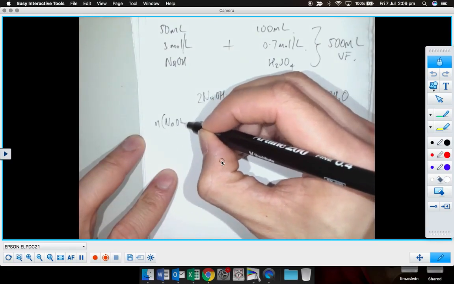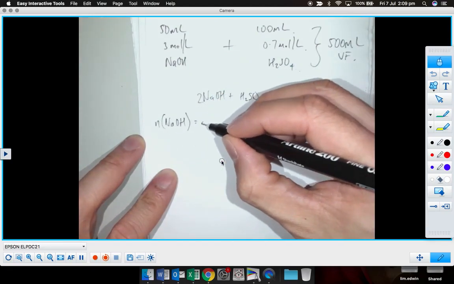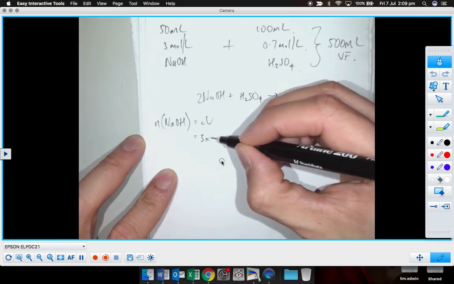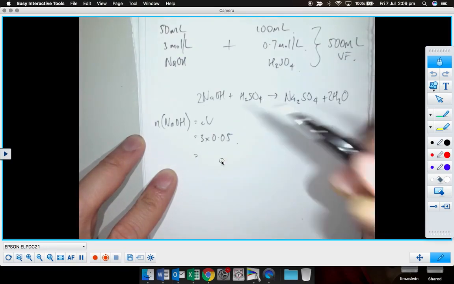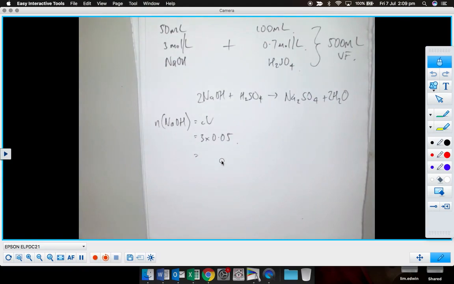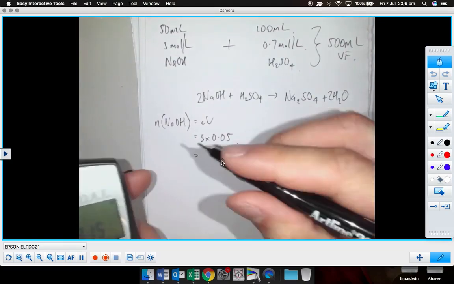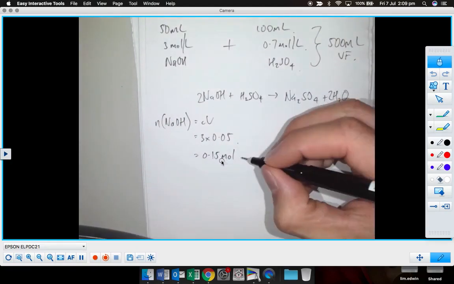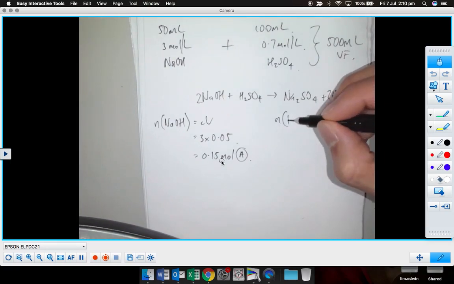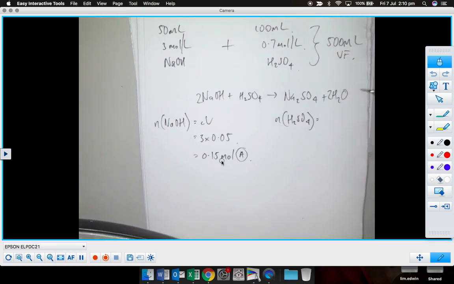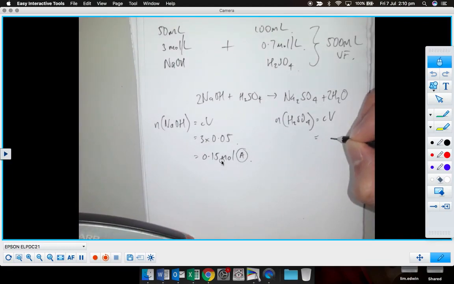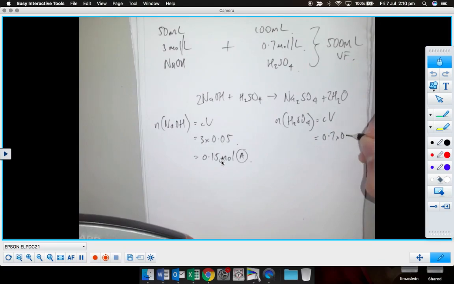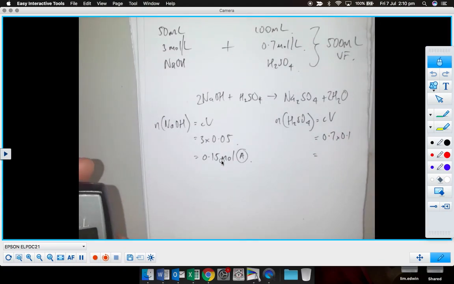Number of moles of NaOH will be equal to CV, concentration 3 times 0.05. 3 times 0.05 is 0.15 mole. Save that as A. The number of moles of H2SO4 is equal to CV, which is equal to 0.7 times 0.1.